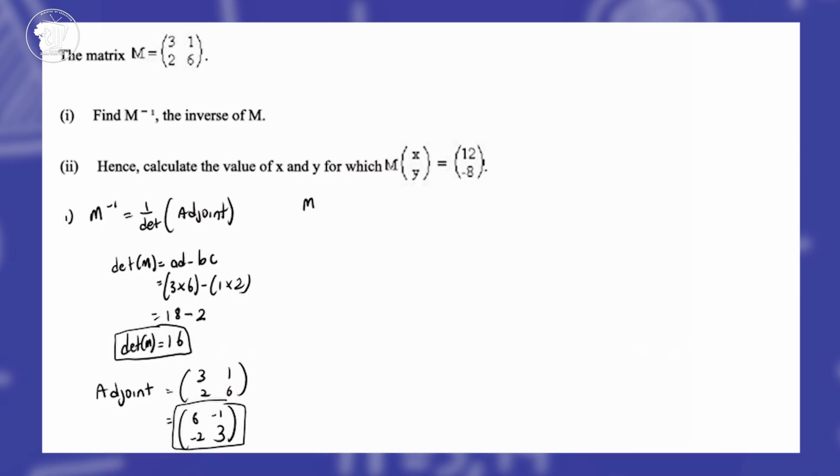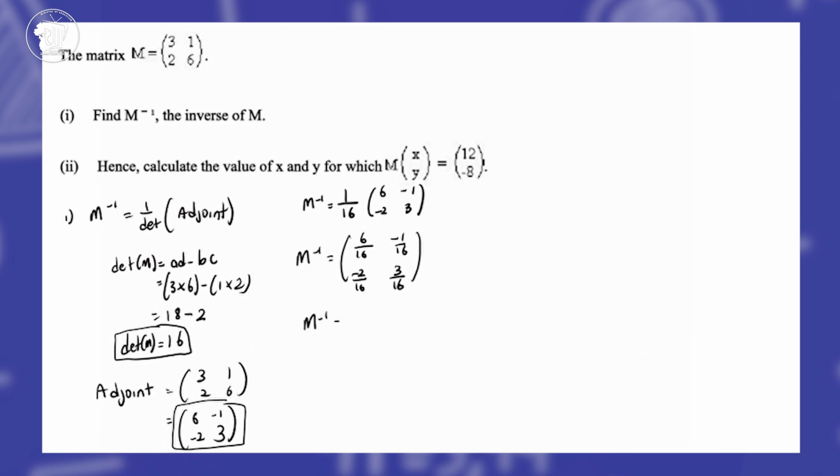So to find the inverse, it would be 1 over the determinant, which we found to be 16, multiplied by the adjoint, which is [6, -1; -2, 3]. So M inverse would therefore be 1 over 16 multiplied by everything here. So this would be 6 over 16, negative 1 over 16, negative 2 over 16, and 3 over 16.